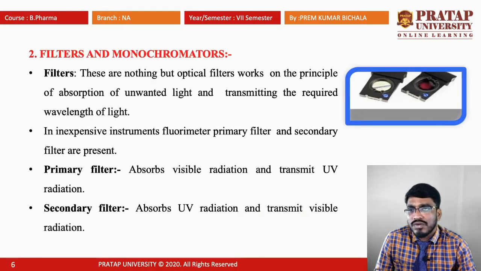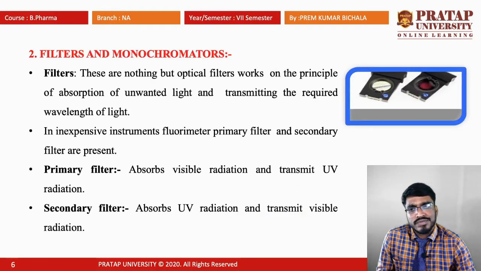Then the second one, filters and monochromators. In that, the first one is filters. These are optical filters which work on the principle of absorption of unwanted light and transmitting the required wavelength of light.